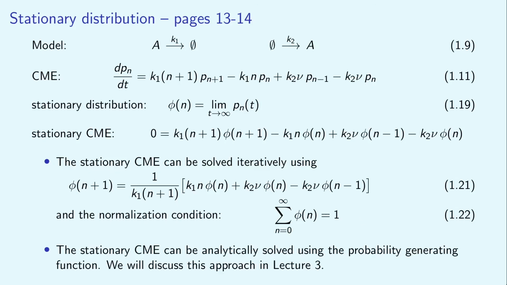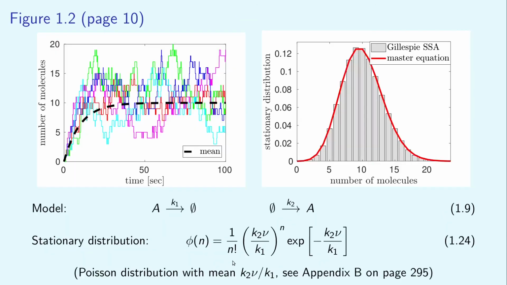Alternatively, the stationary chemical master equation can be analytically solved using the probability generating function. We will discuss the use of the probability generating function in lecture 3, where we will derive that the stationary distribution is just the Poisson distribution with mean k2 nu divided by k1.